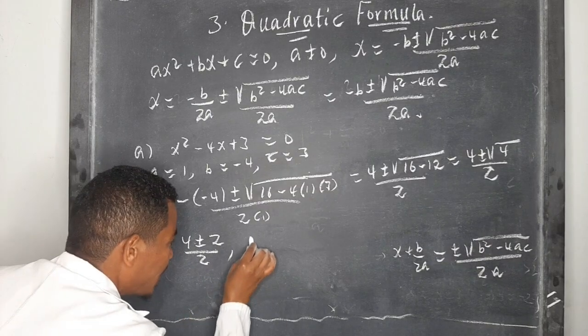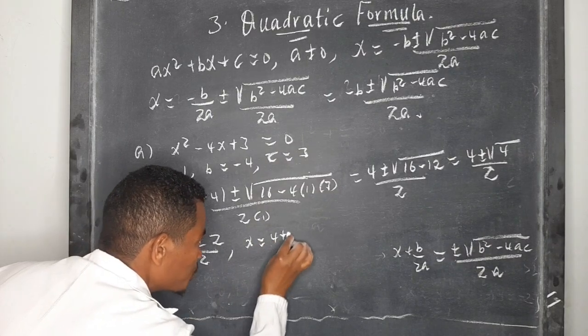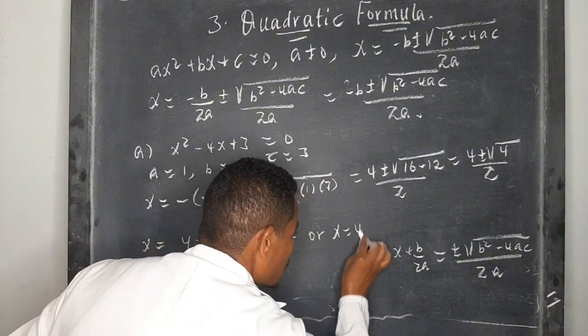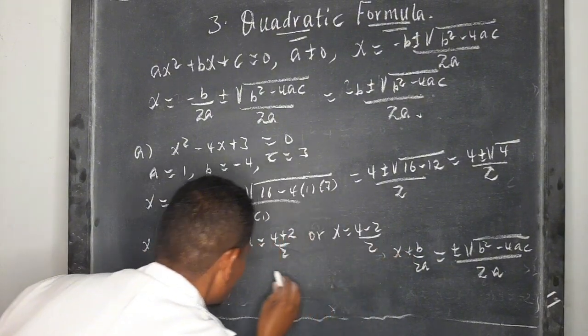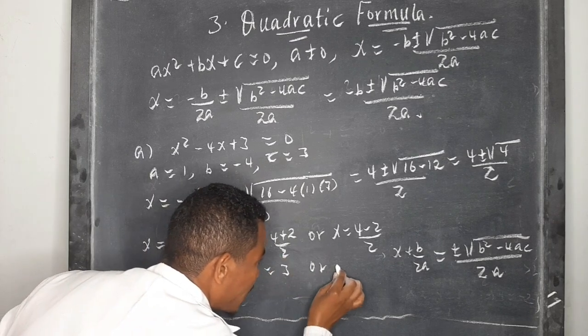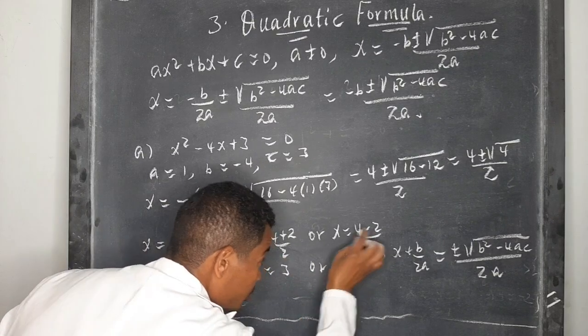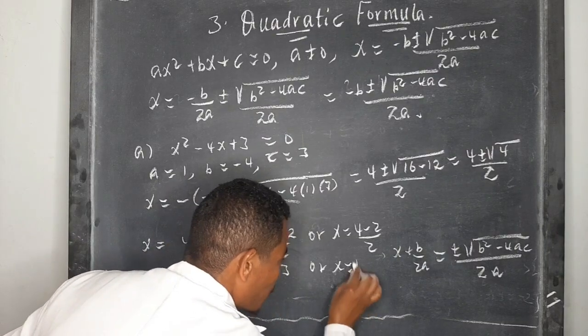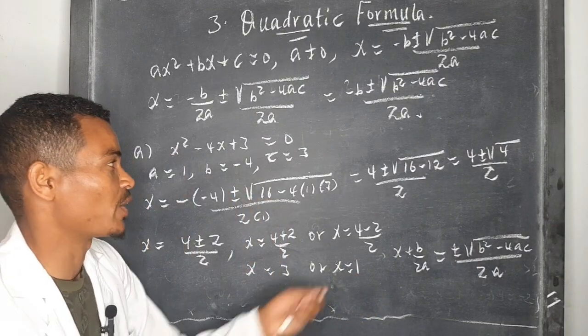That is, x is equal to 4 plus 2 over 2, or x is equal to 4 minus 2 over 2. 4 plus 2 over 2 is 3, or 4 minus 2 over 2 is 1. So x is equal to 3 and 1.